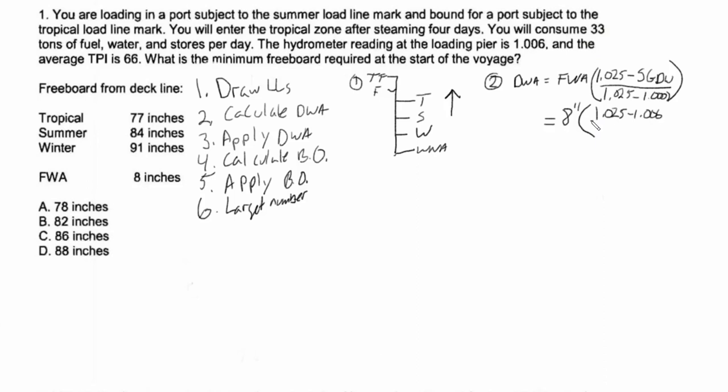And now I'm going to divide that by 1.025 minus 1.00. Well, that's always going to be 0.025, that's a constant. And when I do all that, I do my little math, I get 6.1 inches. So that was that step.